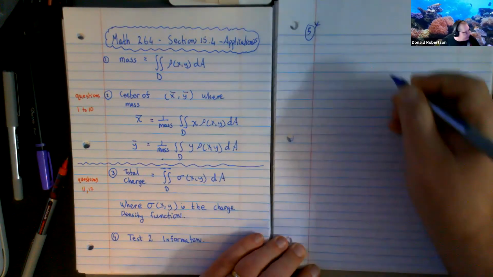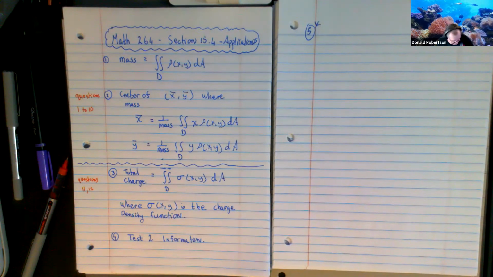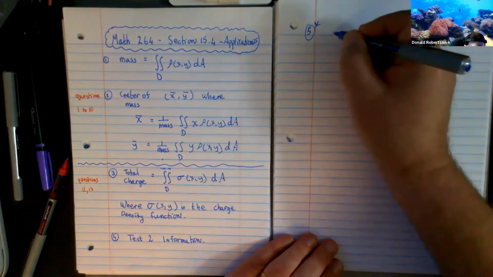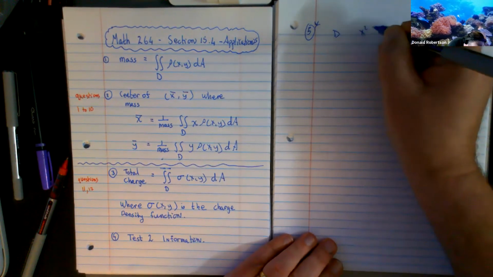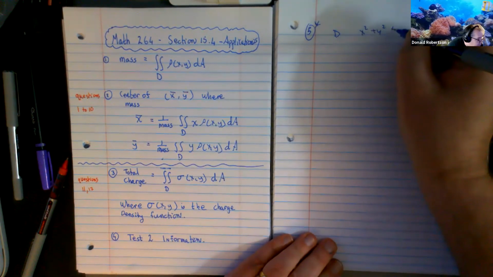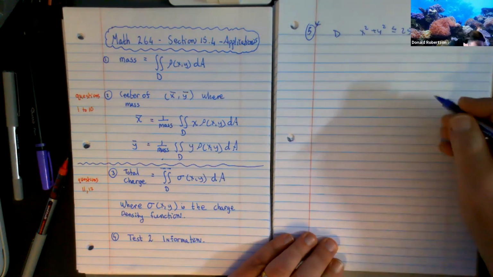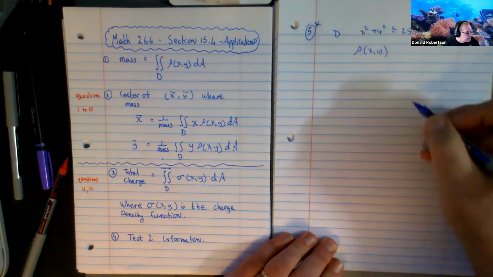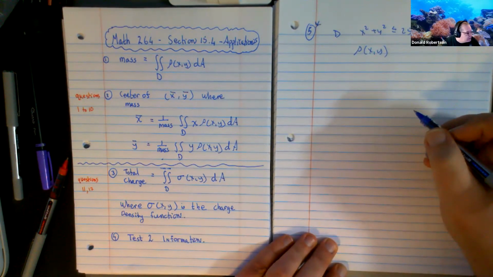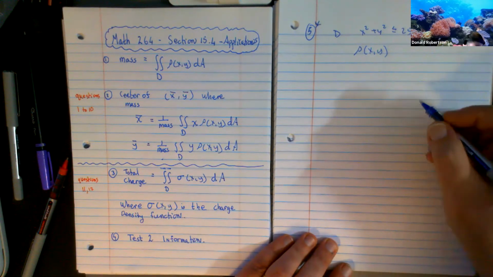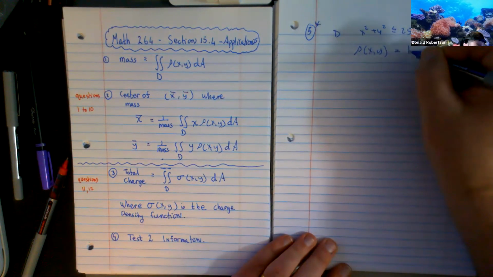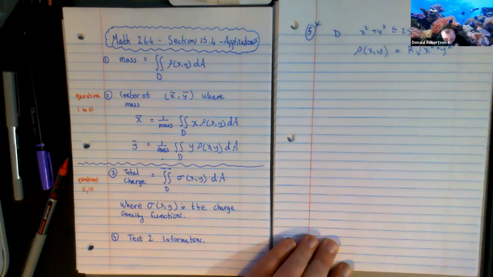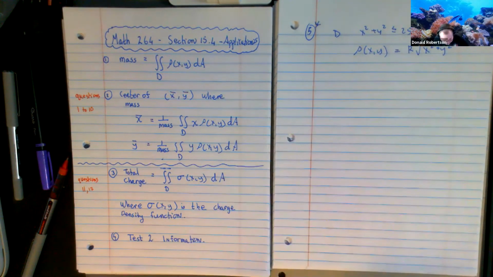Same question: find the mass and the center of mass for a disk D, which is x squared plus y squared less than or equal to 25, and the density function is proportional to its distance from the origin. So proportional distance from the origin. So this one has a K in it.